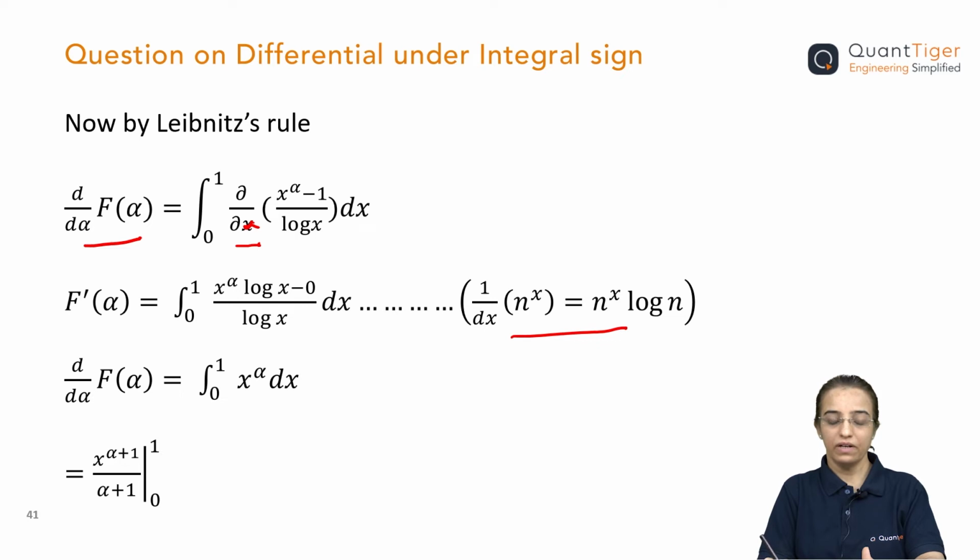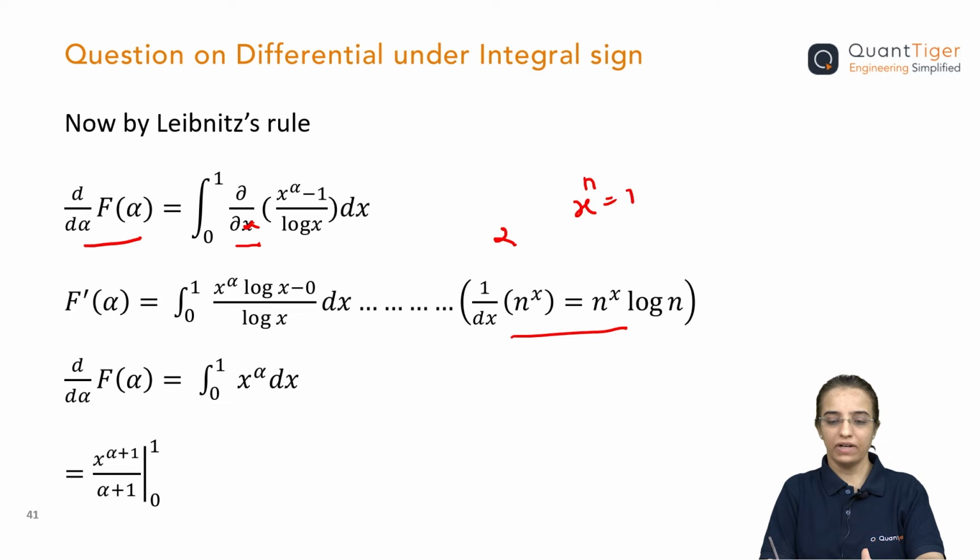Since we are here, you have to remember that we are differentiating with respect to alpha. Normally, we apply this rule when it is x raised to n.